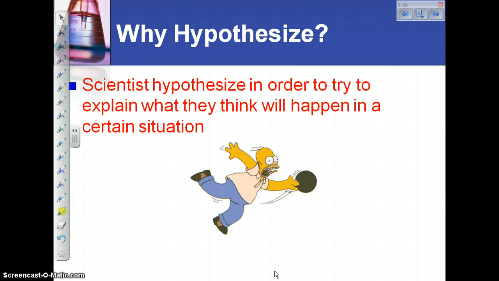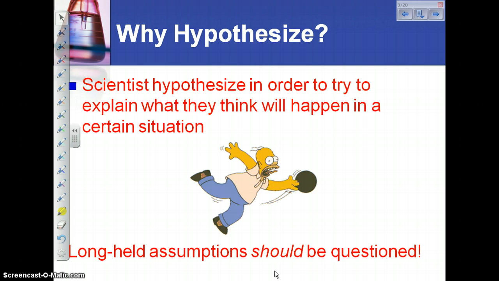And before they actually start their research, they're going to hypothesize what's occurring, because that will lead them in a given direction. When we get into that, we need to think about what science is. Science should be questioning everything all the time.